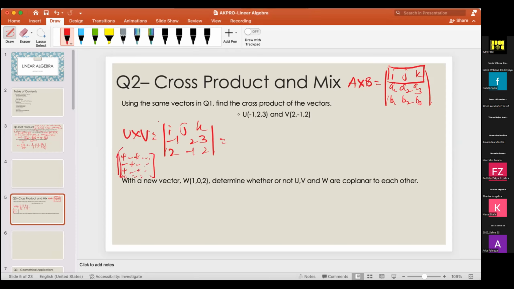And because we're expanding it on the first row, I would be positive, J would be negative, K would be positive.